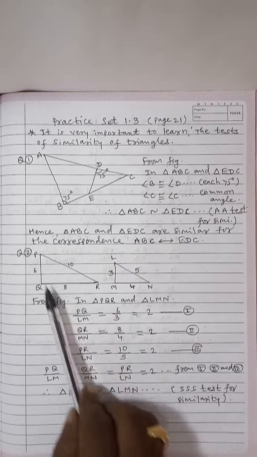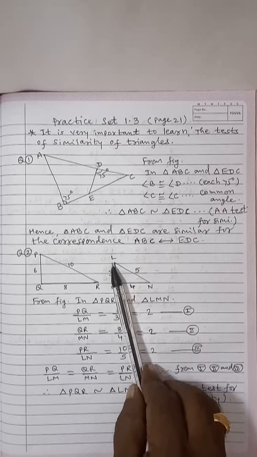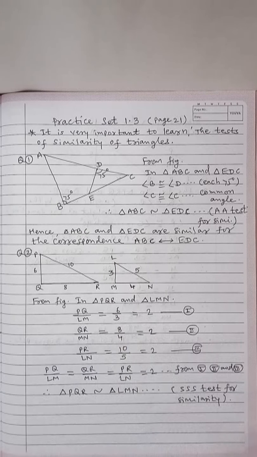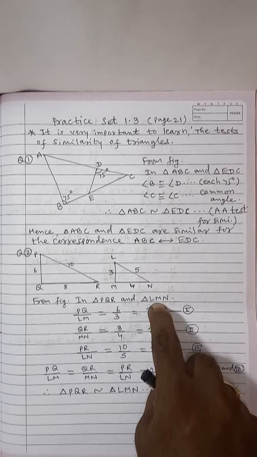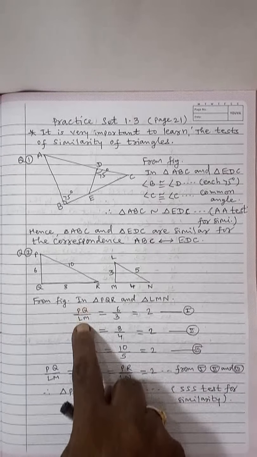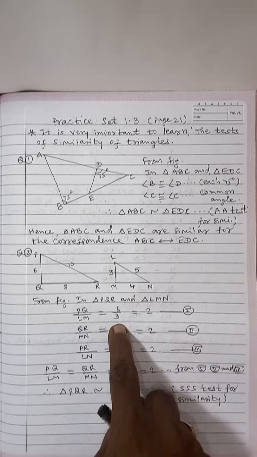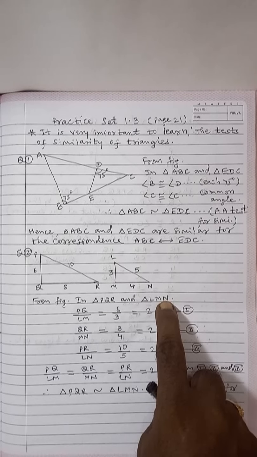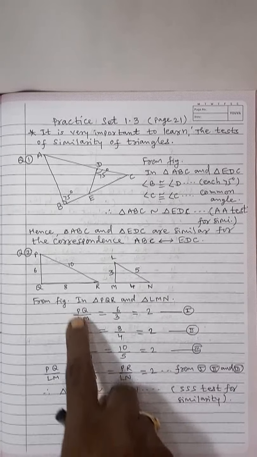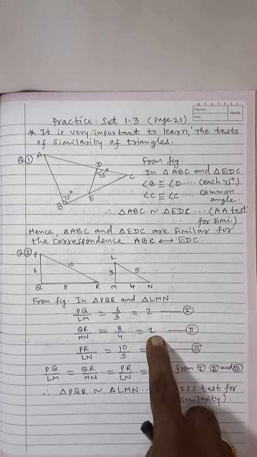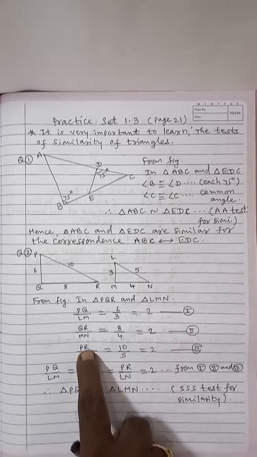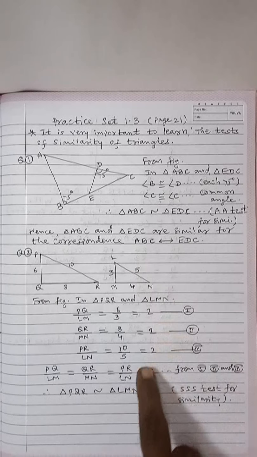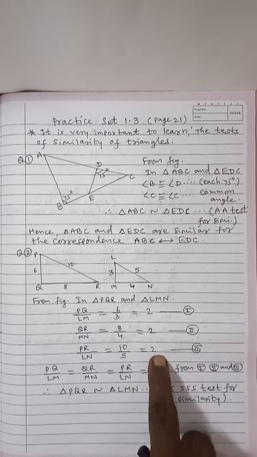So see here. From the figure, in triangle PQR and triangle LMN, PQ corresponds to side LM. PQ upon LM is 6 upon 3, that is equal to 2. Then QR upon MN, ratio of corresponding sides, is 8 upon 4, that gives us 2. Then PR upon LN, PR is 10, LN is 5, so 10 upon 5 is equal to 2.